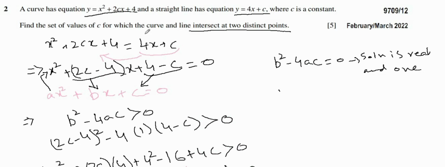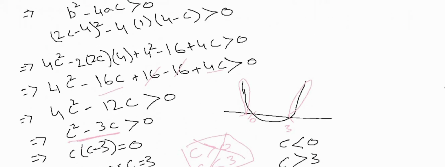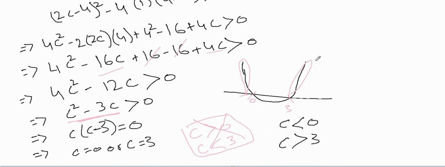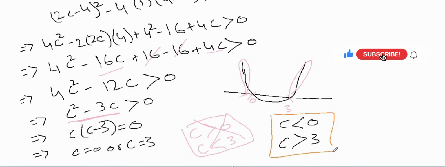So the set of values for c for which the curve and line intersect at two distinct points is this one. So this is the answer.